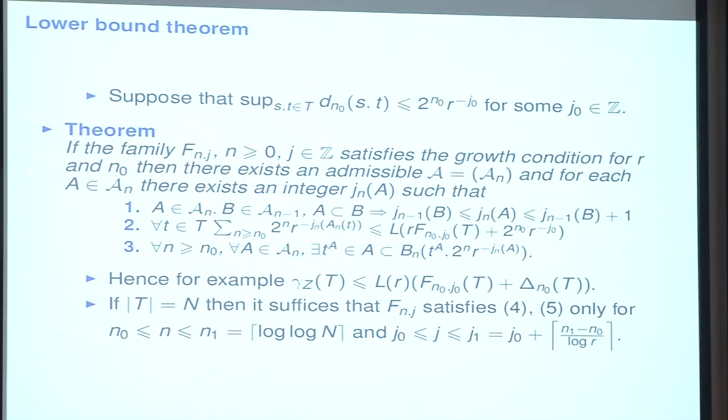Okay. Once again, it's important, but fortunately, this idea works for computer science. It would be important that you don't need to check all the growth conditions for all j and n. You just need to concentrate on n in a special regime, and also j is controlled by similar stuff. So there is no problem with the fact that the family of the functionals to check is too large. No, it's not a problem.